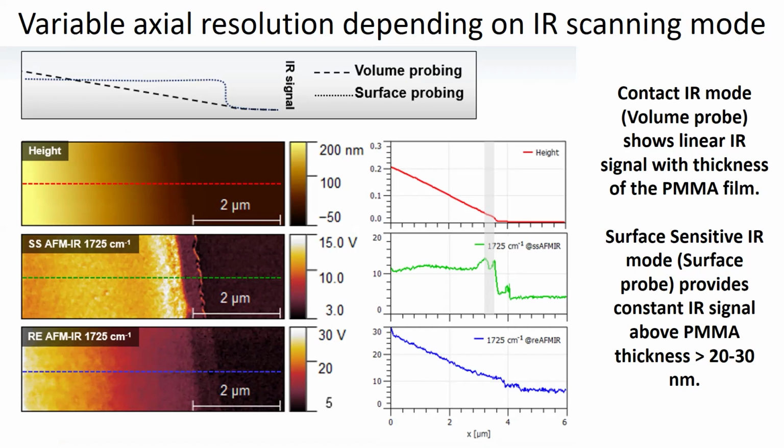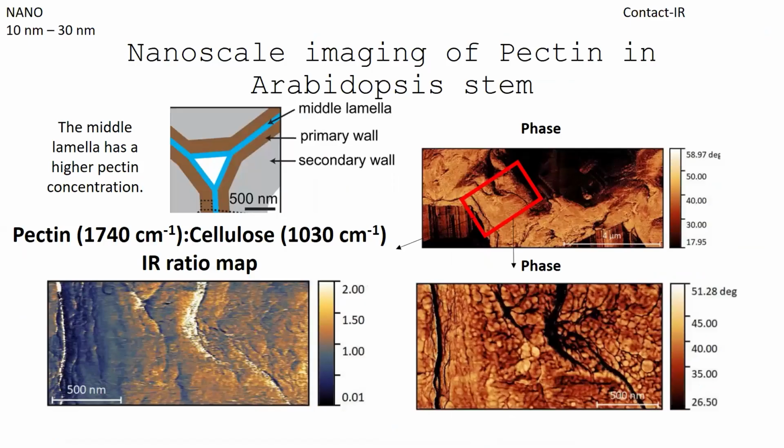When we use the surface probe measurement, we see that it reaches some plateau after about 20 to 30 nanometers, and that IR signal intensity is constant. So it's showing us that the axial resolution is on the order of, let's say, less than 50 nanometers, because it is material specific.